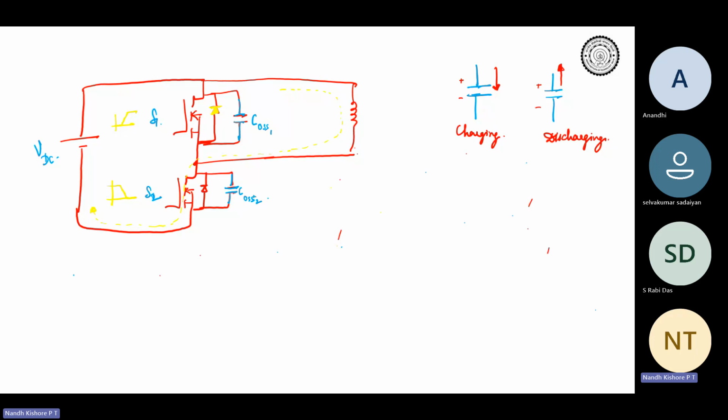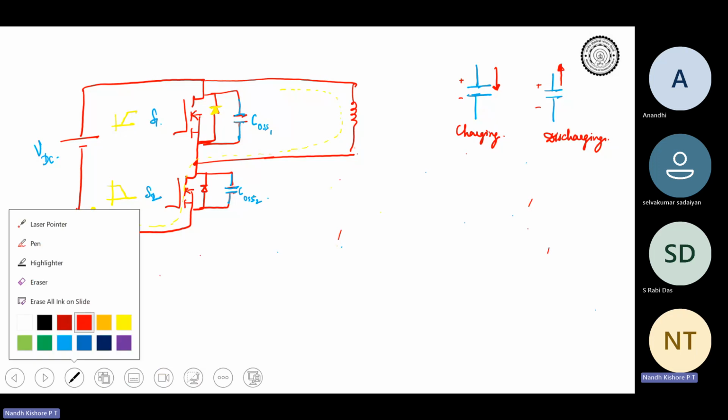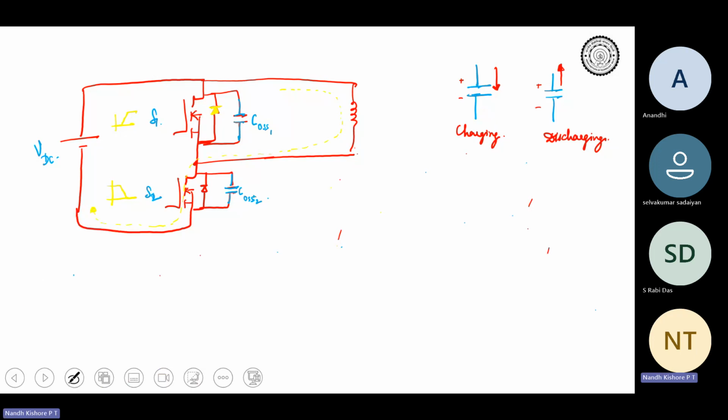Okay. So now when we say that the voltage across S2 is falling, it means that COSS2 is discharging. Correct. And what about COSS1?